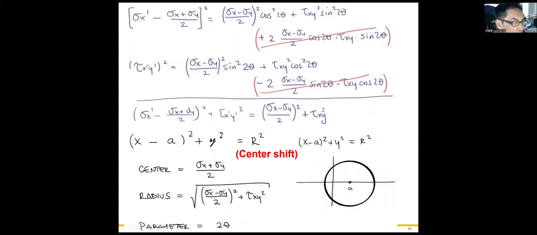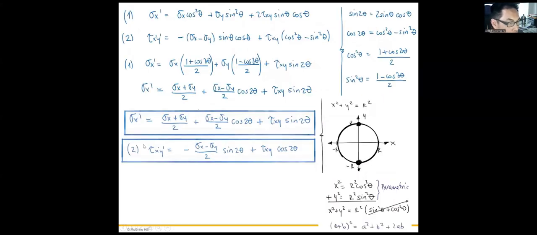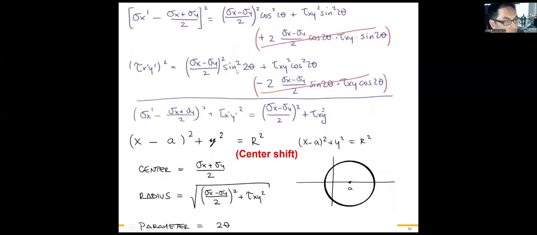And then this tau x prime y prime, the same process, we just square it, so we get the right term like this.